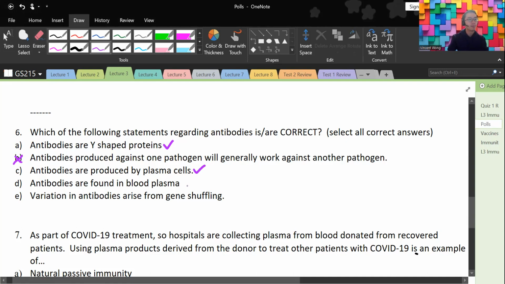That's correct. Antibodies are found in blood plasma. That is also correct. We talked about that last time, right? When we do antibody for blood groups. Variations in antibodies arise from gene shuffling. That is also correct. Okay, so A, C, D, and E, they are all correct.